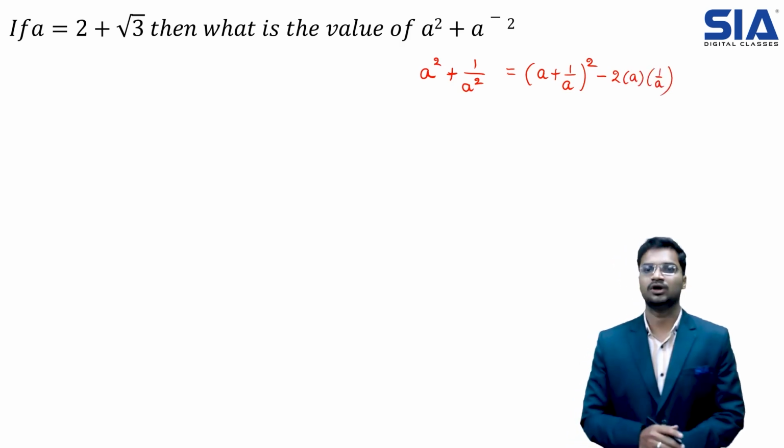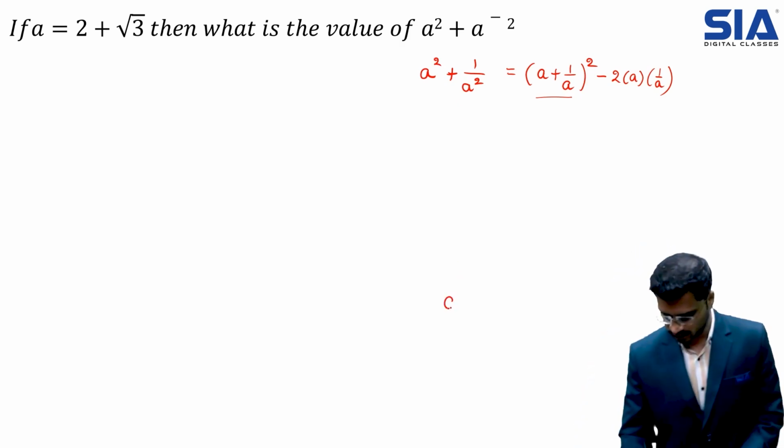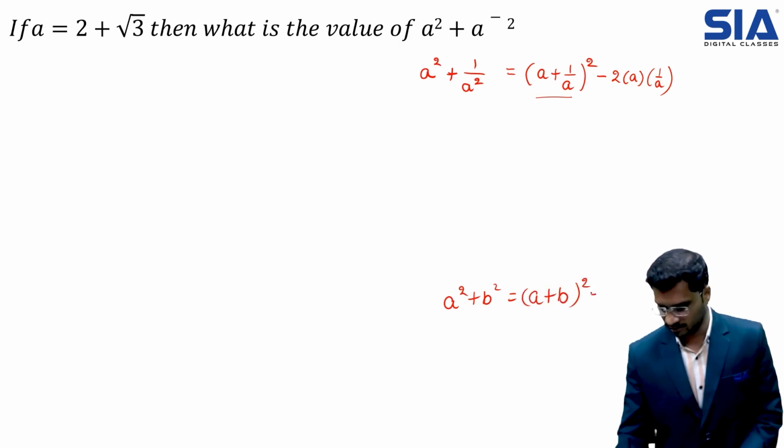This is because (a plus b) whole square is a square plus b square plus 2ab, so we know that a square plus b square is equal to (a plus b) whole square minus 2 times ab.